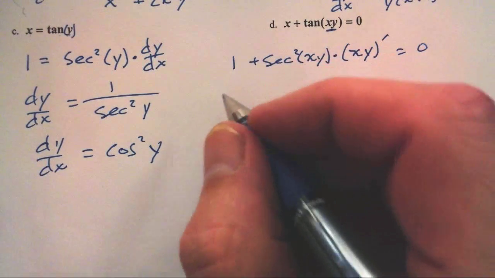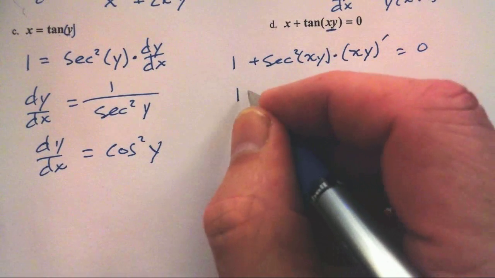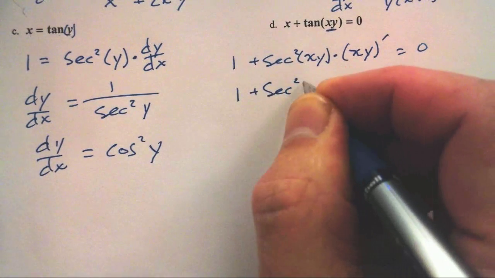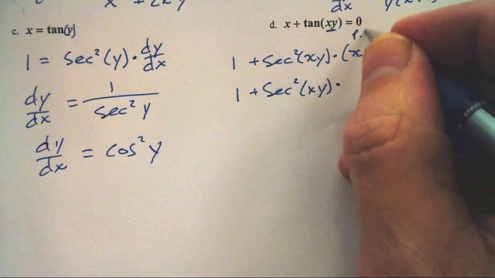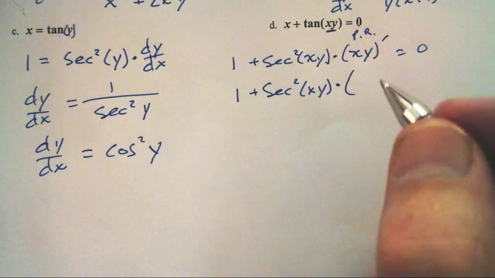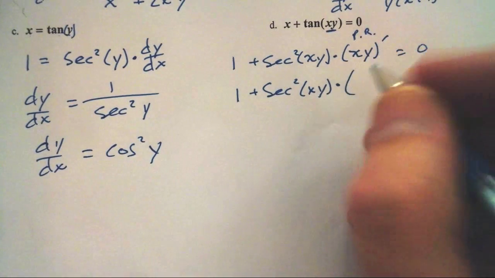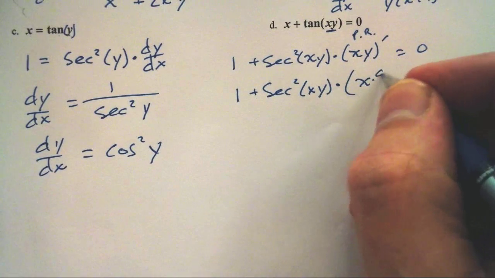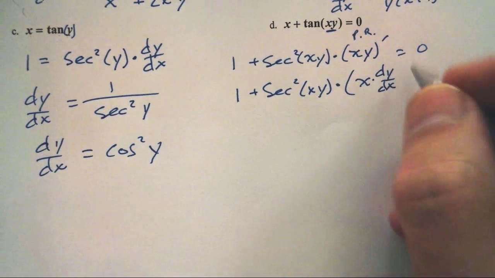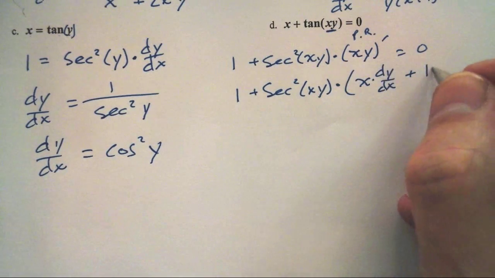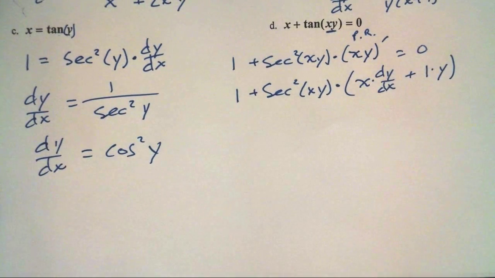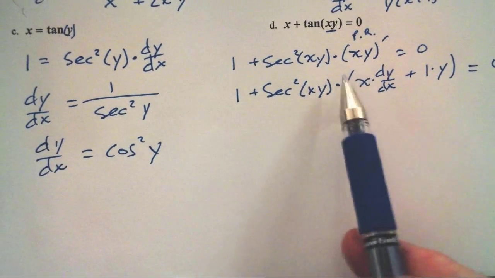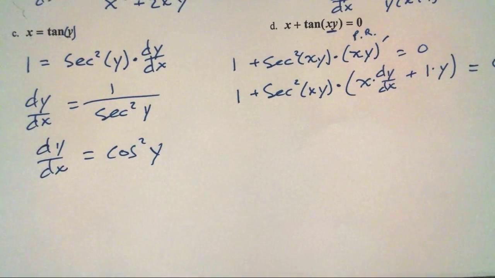So we get 1 plus secant squared xy. Here again is another product rule. So that's times all of the first function x times derivative of second dy/dx plus the derivative of the first function 1 times the plain second function y equals 0.